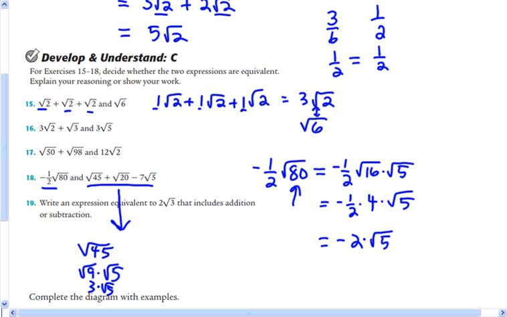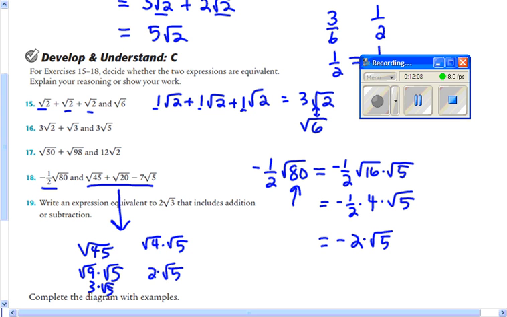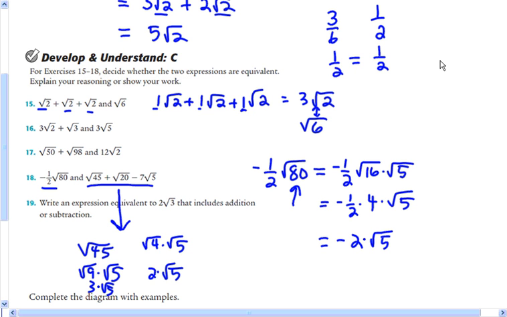The square root of 20, if we simplify that, we get the square root of 4 times the square root of 5, which is 2 times the square root of 5. And 7 times the square root of 5. Well, you'll notice that these are all like terms. So we can rewrite this.